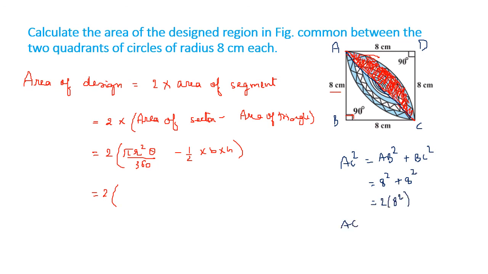So AC equal to 8 root 2. Okay, AC is 8 root 2. And the midpoint, which will give me the radius. Do I need the radius here? No. This wasn't needed. Sorry. This isn't needed here.